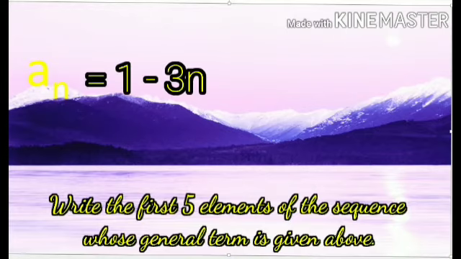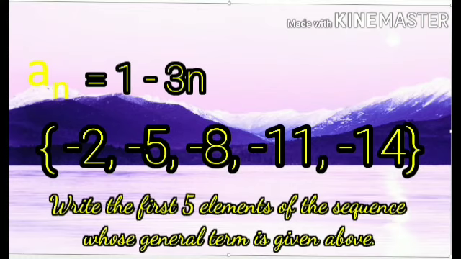How about the first 5 elements of a sub n is equal to 1 minus 3n? Answer: negative 2, negative 5, negative 8, negative 11, and negative 14.